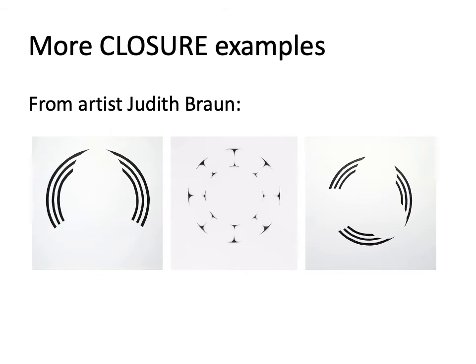And again, this principle of closure is really at work here. We sense that we have some kind of white, almost fan-type shape here that's sitting over top of these concentric circle edges. So our brain is telling us there's some other shape there, and that's that principle of closure.